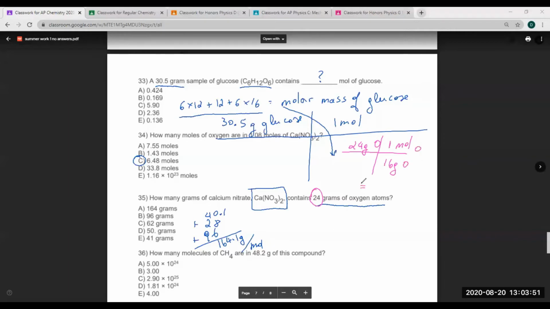So 24 divided by 16, we have 1.5 moles. Now the question is, let's solve this one first, how many moles of calcium nitrate contain 1.5 moles of oxygen atoms.